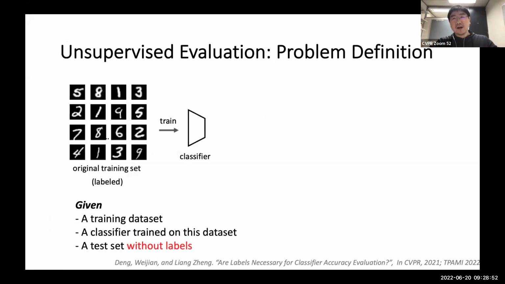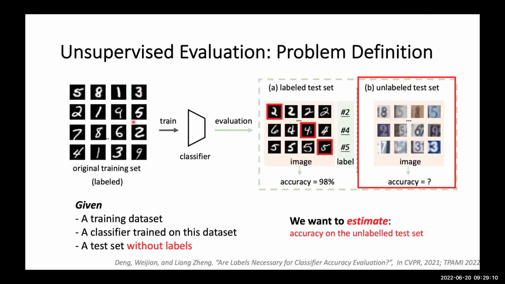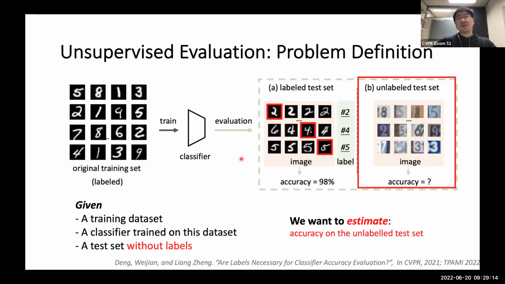Okay, so now let's formally define this problem. Suppose we have a training set. This is our training set, which is fully labeled. It's a standard training set. We train a classifier on this training set. In the standard model evaluation, we have a labeled test set, which is on the left.